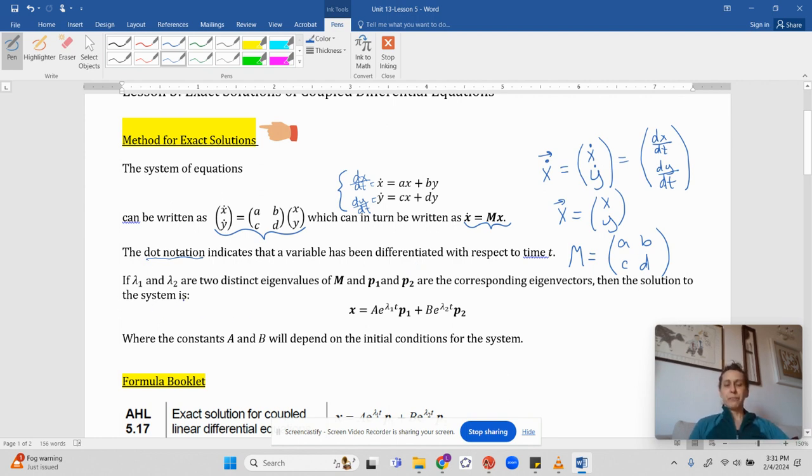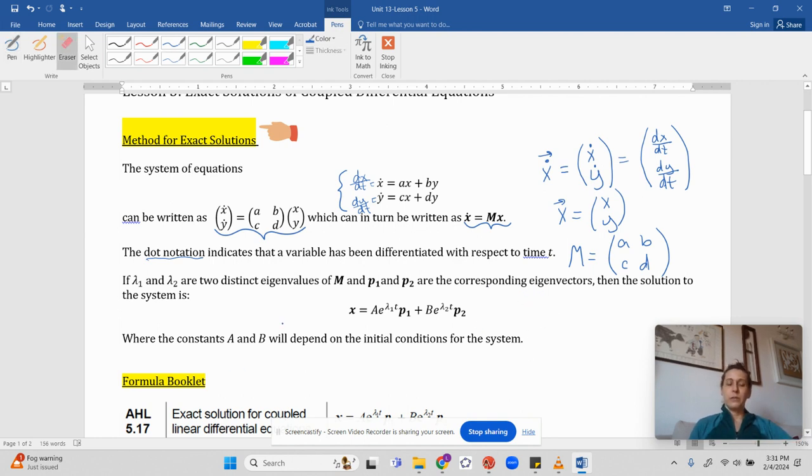So to find the solution to the system, remember, a solution is we want to find in the end what x, y is equal to, because what we're given is dx/dt, dy/dt, and we want to find x and y alone. The original functions is kind of the way I think of it.